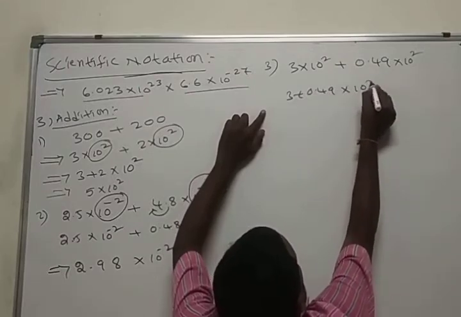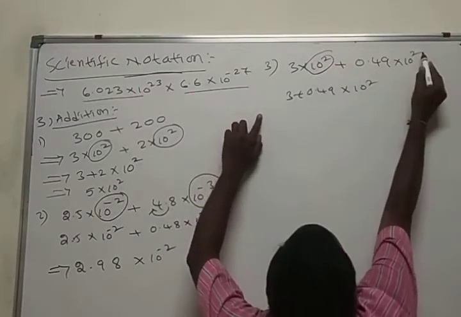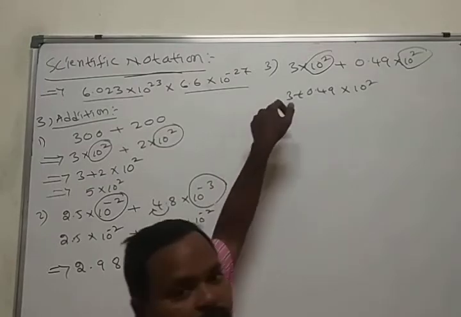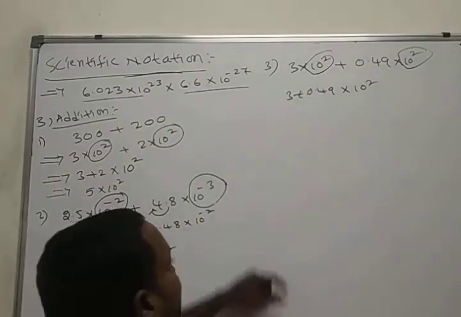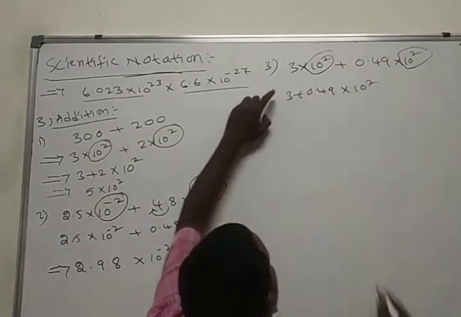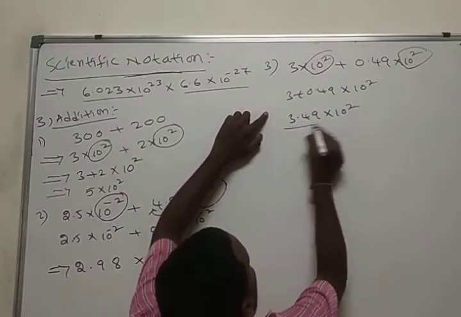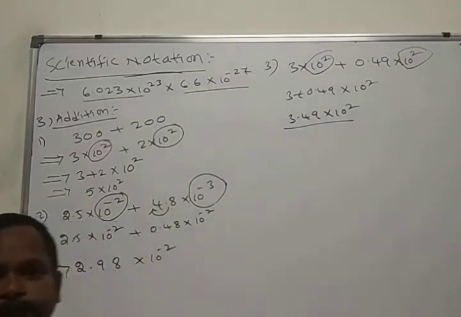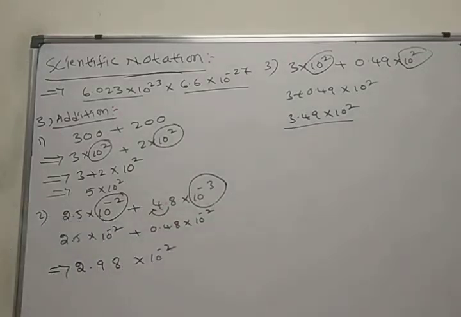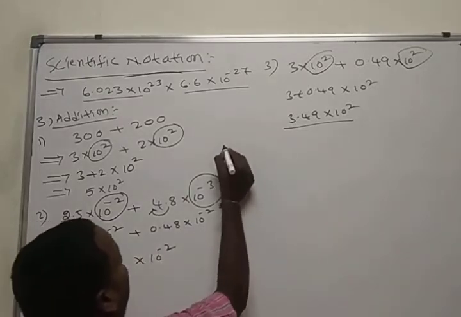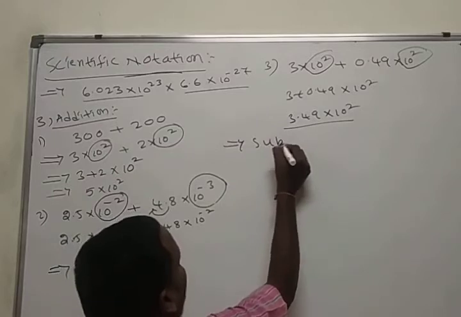Here 10 to the power of 2, and here also 10 to the power of 2 is there. We take the common. 3 plus 0.49 means 3.49 into 10 to the power of 2. This is about the addition. In problems we never get this addition type, but it is also one of the important parts of scientific notation. Then we'll see the subtraction.